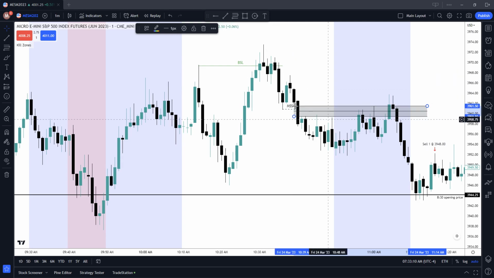And this play would have been fantastic, but I didn't see it. But you had actually 3 entries to it, really 4, but 3 entries to take profit and re-enter. So you've got this one for 5 handles, you've got this one for 5 handles, and then you've got this one for a lot more than that. And that was the play.